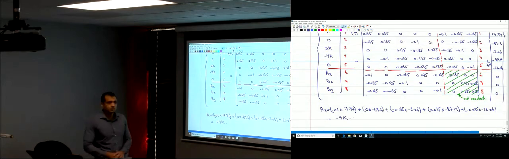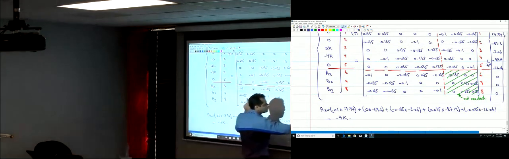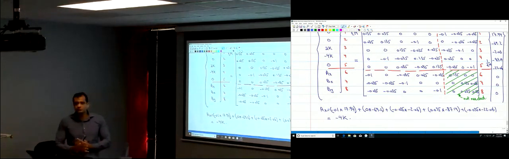I don't need to write them because they are multiplied by zeros, right? So that's AX. You do this multiplication, you get negative 4K. Okay? And then you do the same. BX is going to be those values multiplied by the column. Okay? Any question?